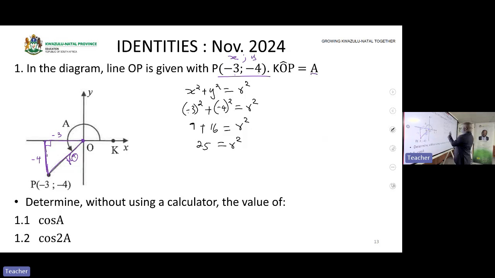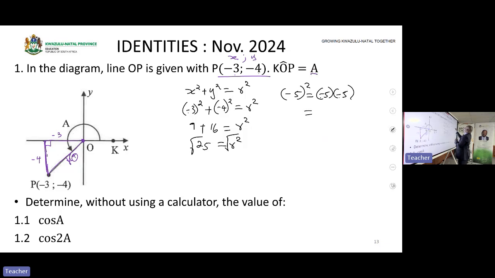Therefore, for us to determine R, we need to introduce an inverse of square, which is the square root. When we introduce the square root, the answer will be either positive or negative. Why? Because the square root means what value must you square to get that answer. We know that -5 all squared is the same as -5 times -5.